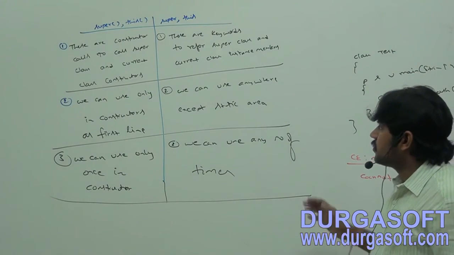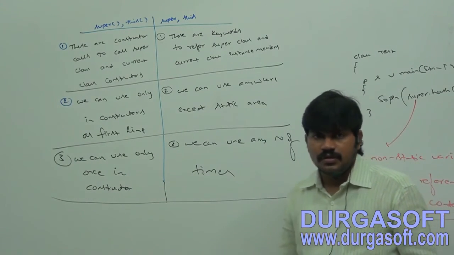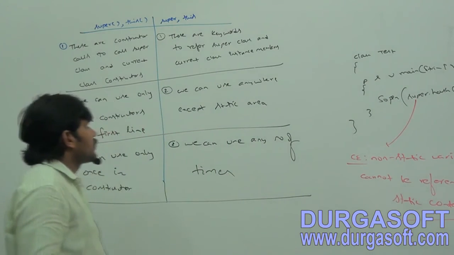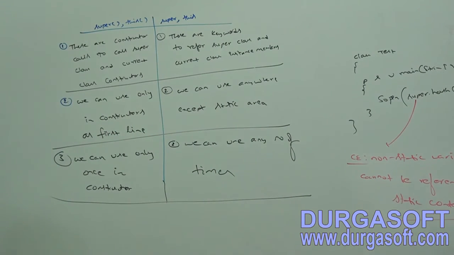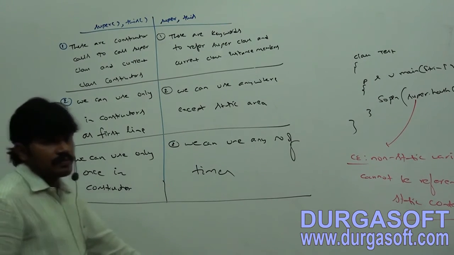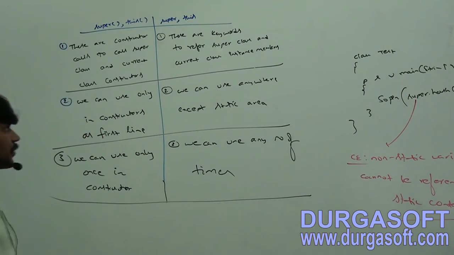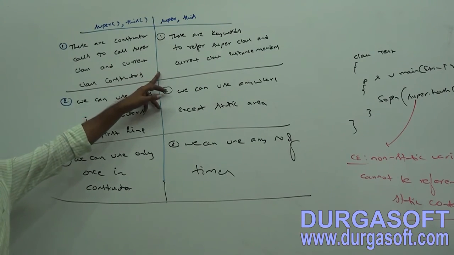On the other side, these are keywords to refer to superclass and current class instance members. The first one is clear, right?